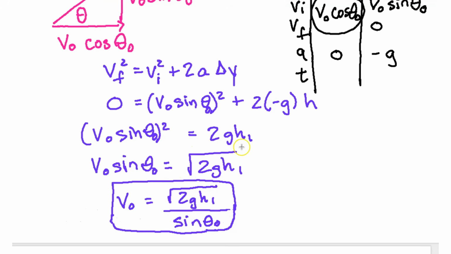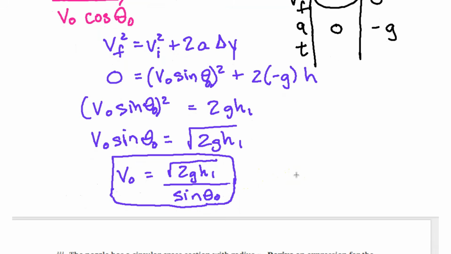And square rooting both sides gives us v naught sine theta naught is equal to square root 2gh1. And dividing sine theta on both sides, we get v naught is equal to square root 2gh1 divided by sine theta naught.